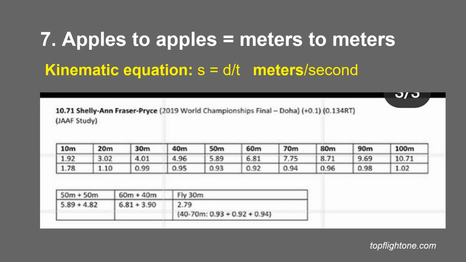However, if you're going to compare speed, it should really be meters and meters. If you want to convert it to yards, in my opinion, we should be keeping everything consistent and using meters as the standard unit.